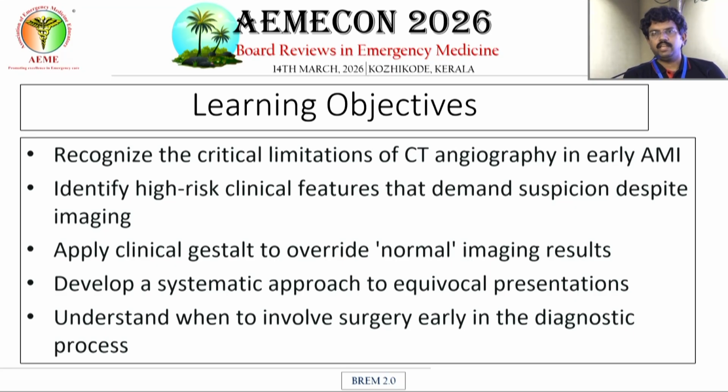Is there any clinical suspicion we can use? Are there subtle imaging findings that we can look for in the CT to diagnose such things? And a diagnostic approach in equivocal cases. We'll start with a normal case and slowly complicate things, and see when to involve surgery. So these 5 will be the learning points.